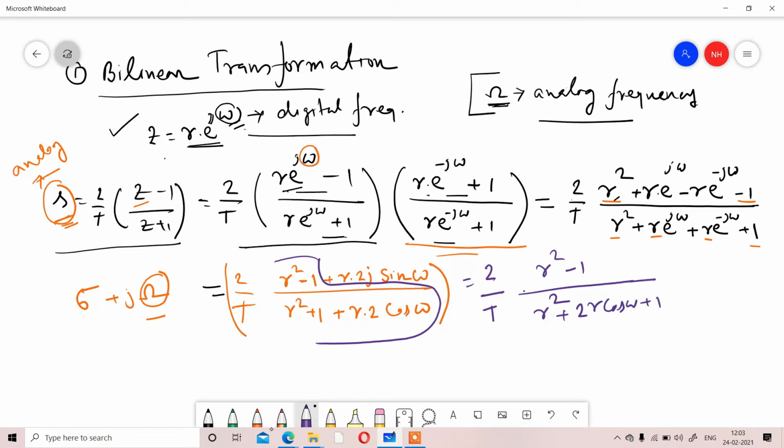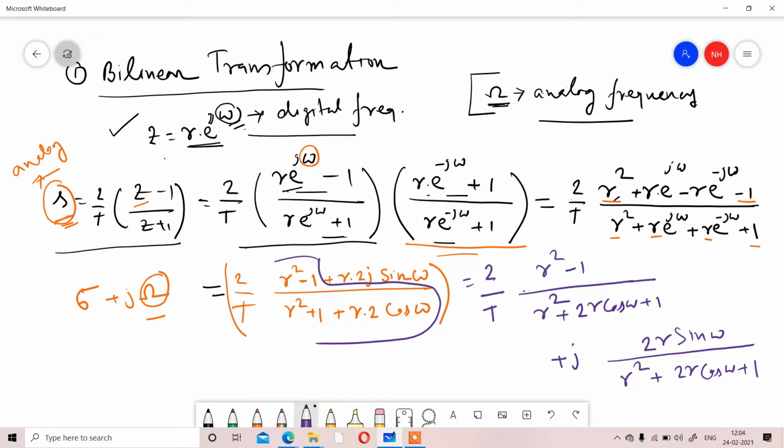That is your real part, and the imaginary part will be the remaining part as plus j 2r sin omega by r square plus 2r cos omega plus 1.